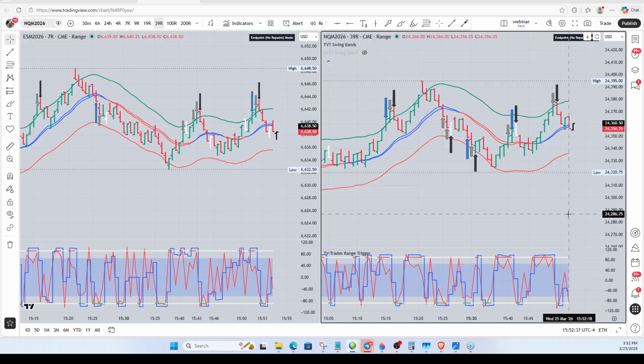Alright, the NQ doesn't have anything right here. Actually, this right here suggests a long on the NQ. This doesn't suggest anything yet on the ES on the long side, but the NQ, this synthetic divergence right here suggests a long, and be with the mid-band trend.